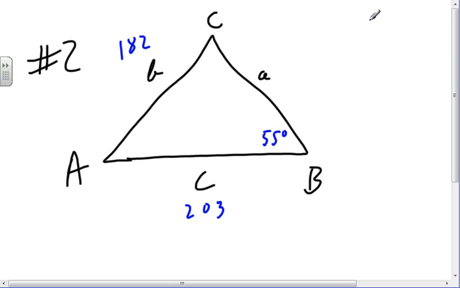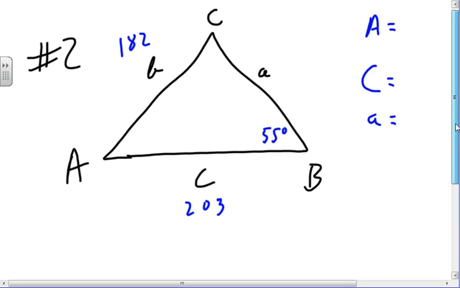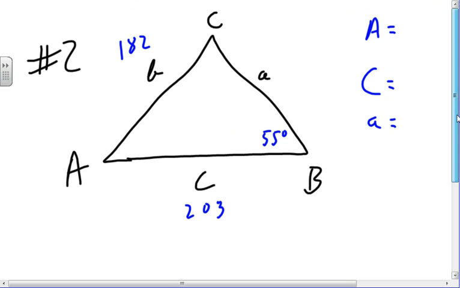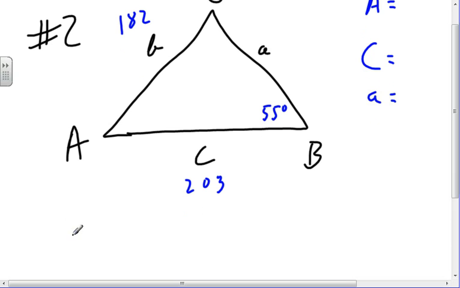So I'm looking for big A, I'm looking for big C, I'm looking for a little a. That's what I'm looking for. We're going to look for big C first.